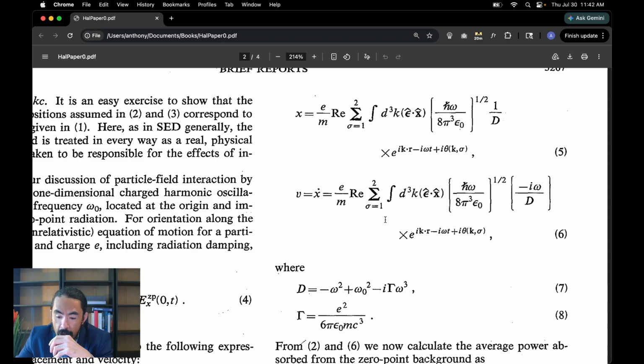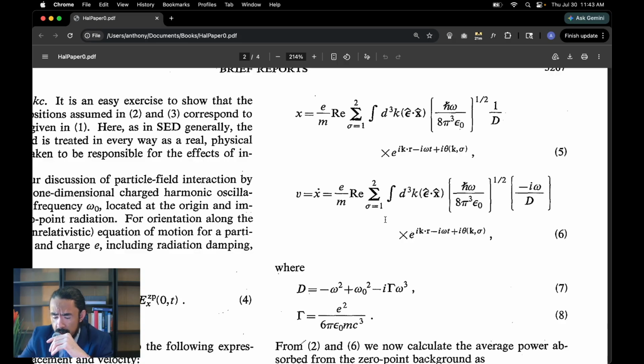Then we have times the fraction with a numerator of negative i times omega over a denominator of capital D, times e to the power of i times the dot product of k with r, minus i times omega t, plus i times theta, which is in terms of the vector k and sigma.